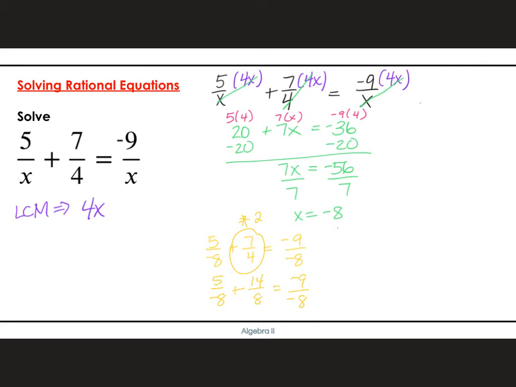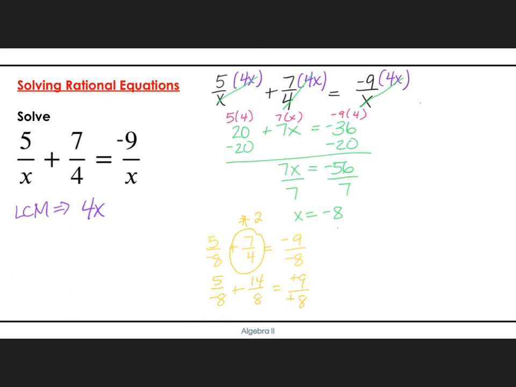I need a common denominator at the bottom. So first of all, I have negative 9 over negative 8, so that's really going to be positive. So I'm just going to go ahead and make those positive.